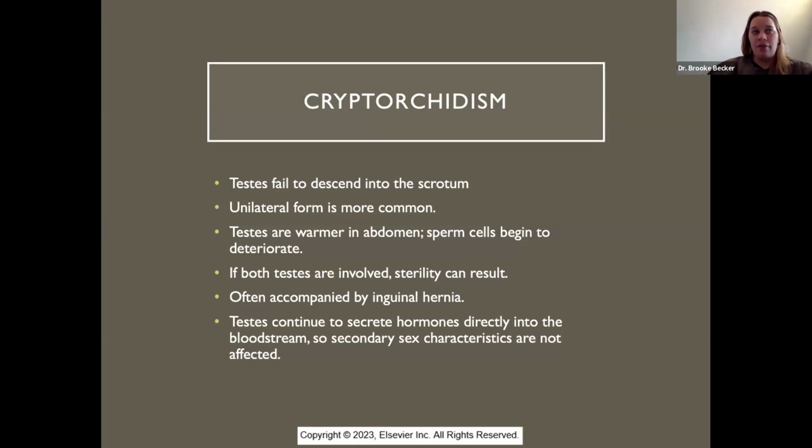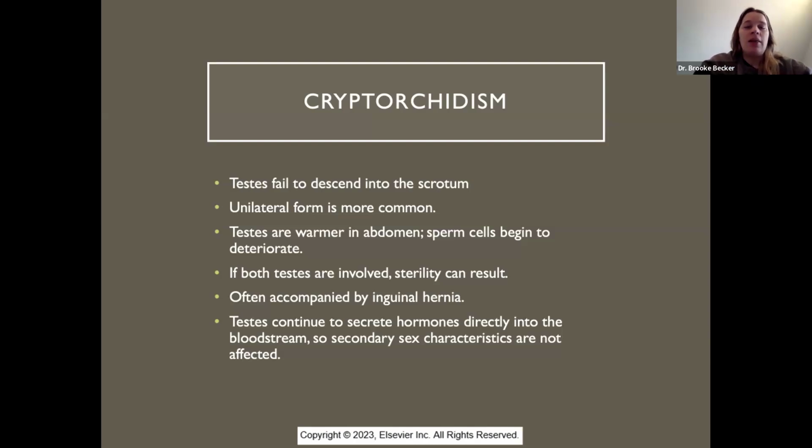Usually they also have an inguinal hernia. So that testes then is kind of protruding through the inguinal canal, or a portion of the spermatic cord is also protruding through that inguinal canal, which then leads to an inguinal hernia. So that also needs surgery to repair.